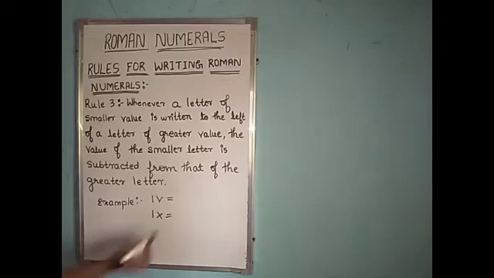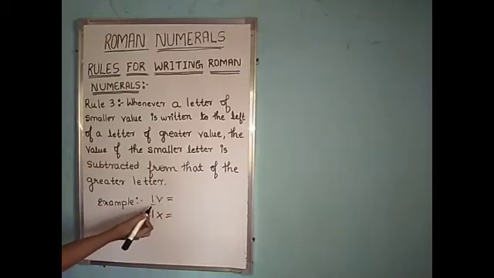For example, here V is a letter of a greater value and I is a letter of a smaller value. Here, the letter of smaller value is written to the left side of a letter of a greater value.